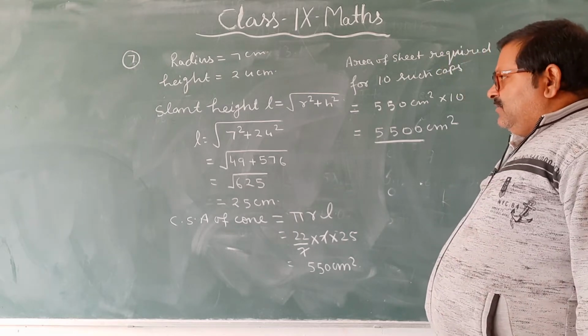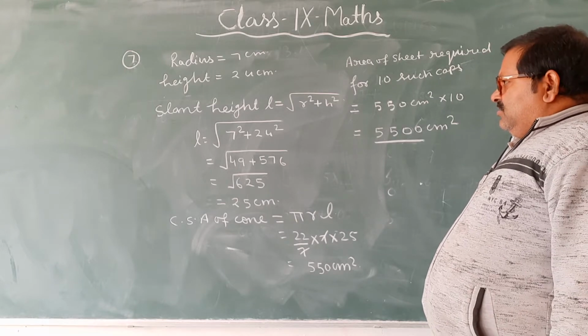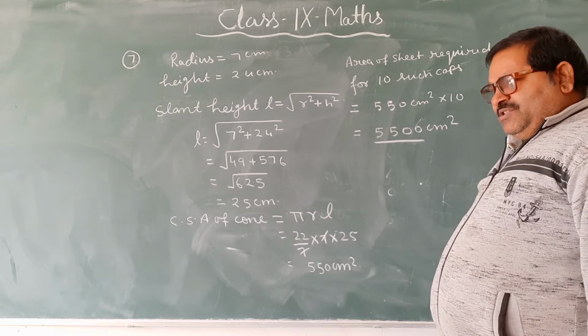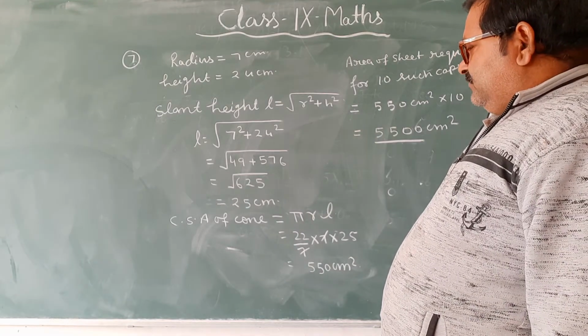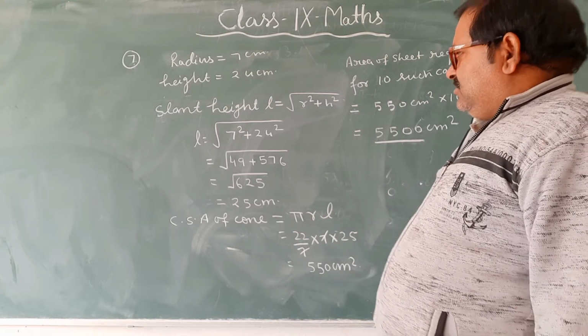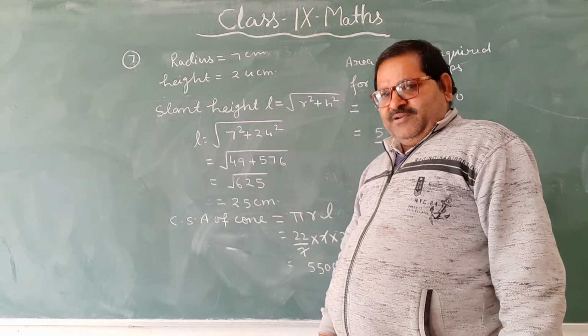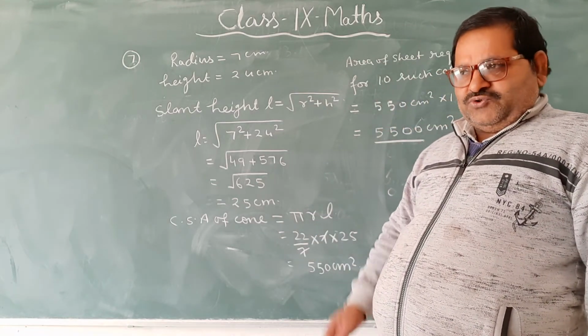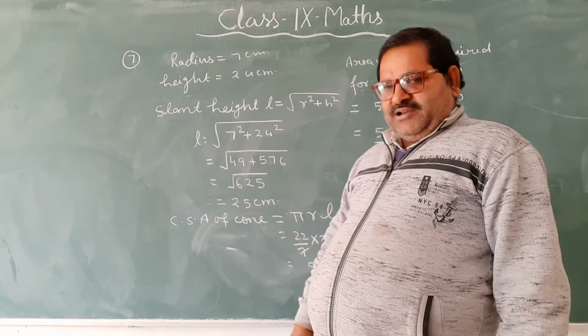So in this question the radius and the height of the cap are given. So first we find the slant height of the cap.